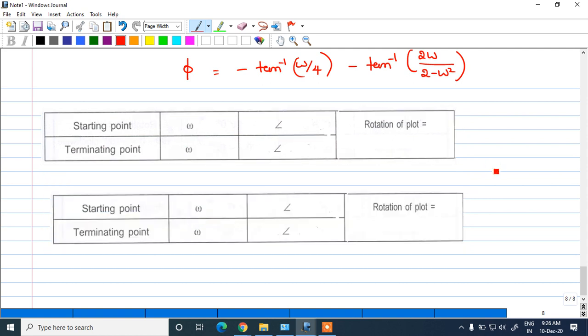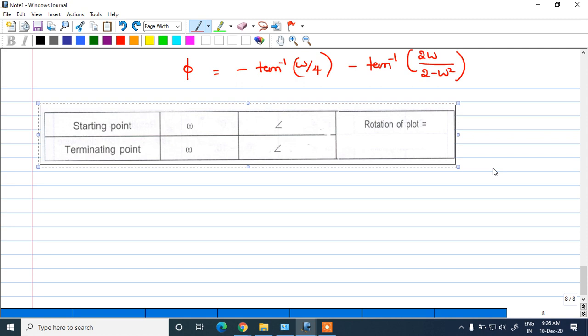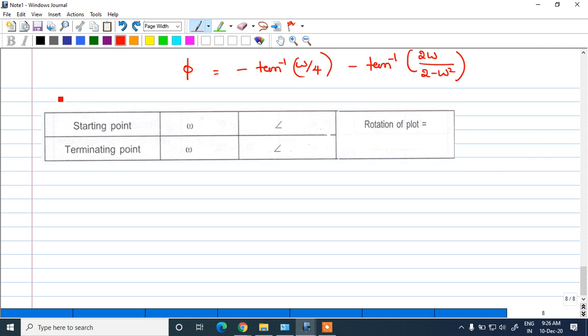Okay, so this is the table, and here it is enough for us to draw only section 1. In section 1 we are varying plus j infinity to 0, that is, omega value from infinity to 0.